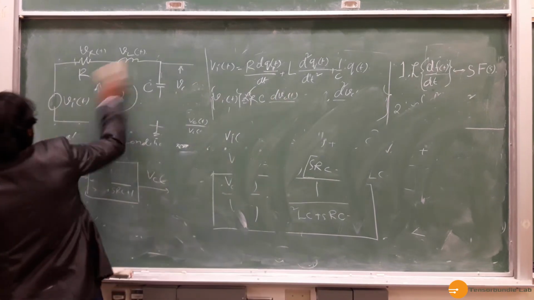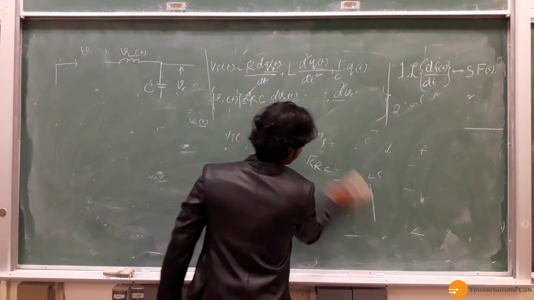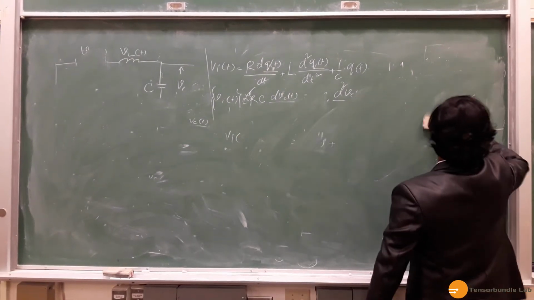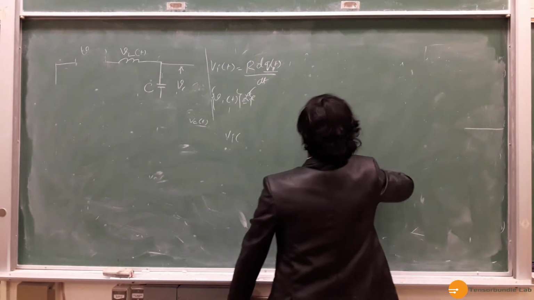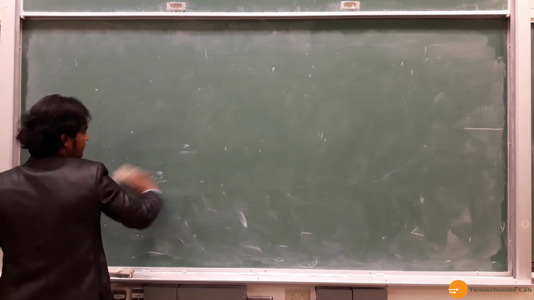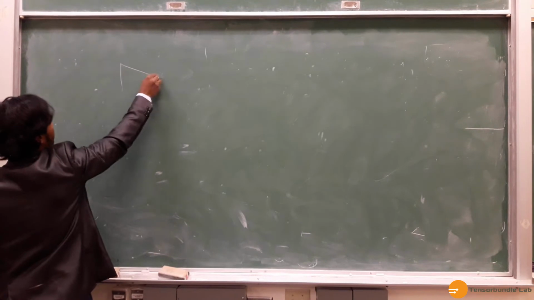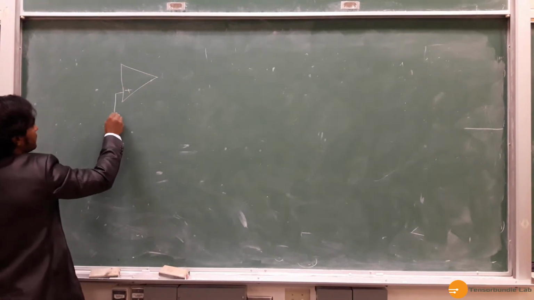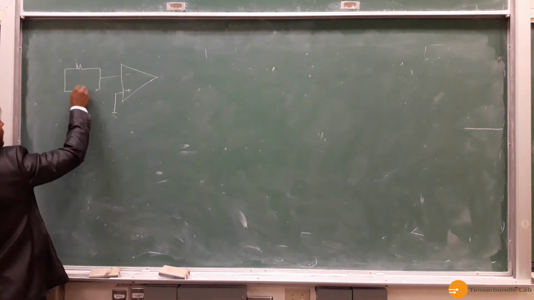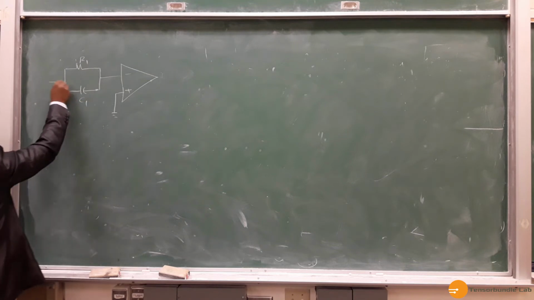Let's see another example. Let's say we have an op-amp circuit. This is R1, C1.